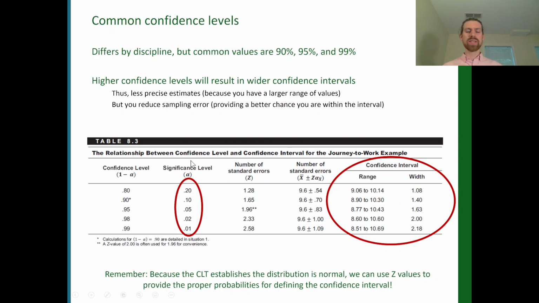And you can take a look at the table which is in the book, table 3.8, and this gives you an example of how you can have a significance level which you select, so 0.2, 0.1, 0.05, etc. That relates to this confidence width as we have here. So obviously these two are complementary. They both always add up to 1 because this covers our whole probability space, the significance level and the confidence level.